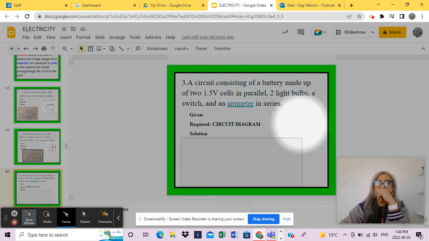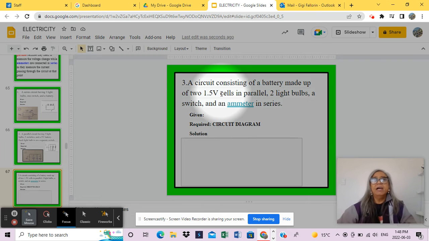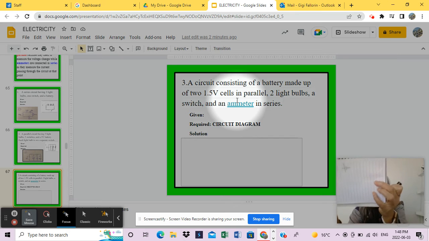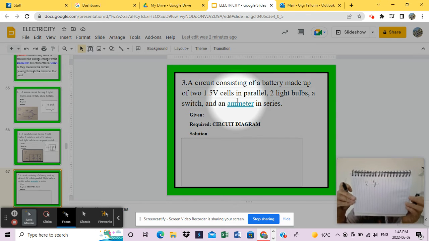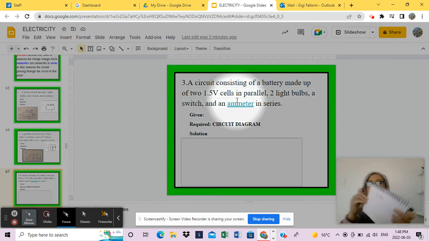Now, how about this one? A circuit consisting of a battery made up of two 1.5 volts in parallel and two light bulbs, a switch, and an ammeter. So under given, I would want you to write down two cells. So you can have it this way, two cells, right?